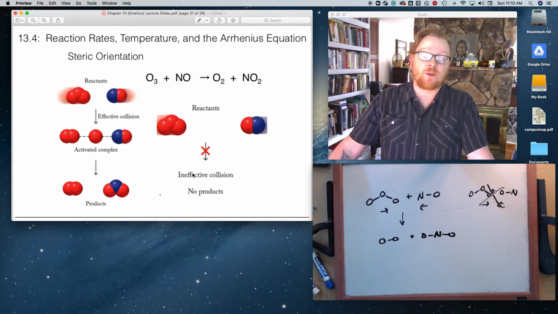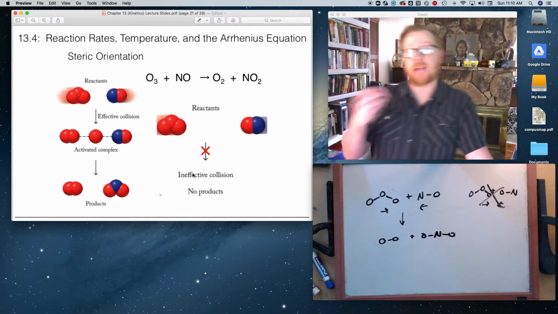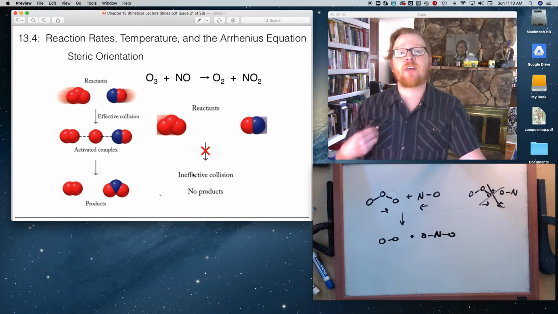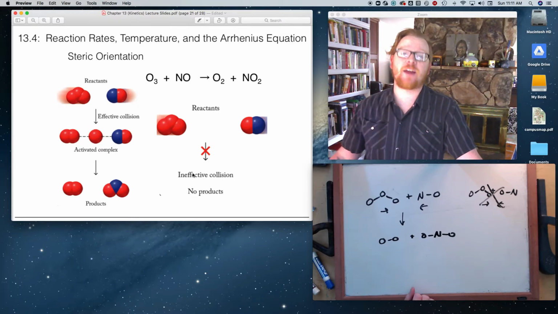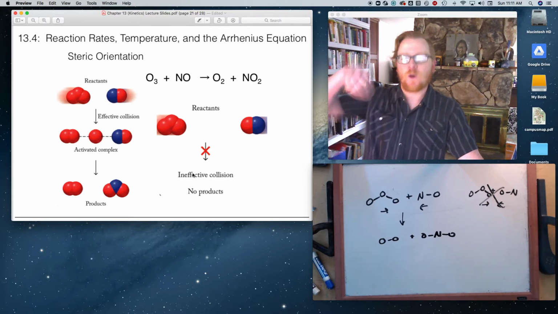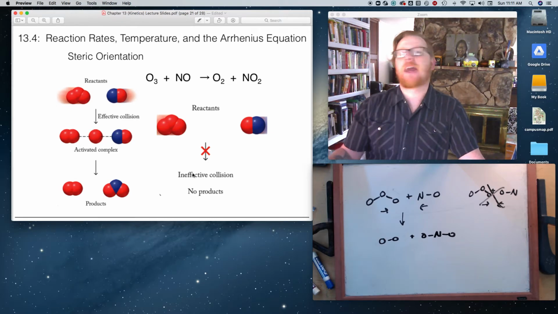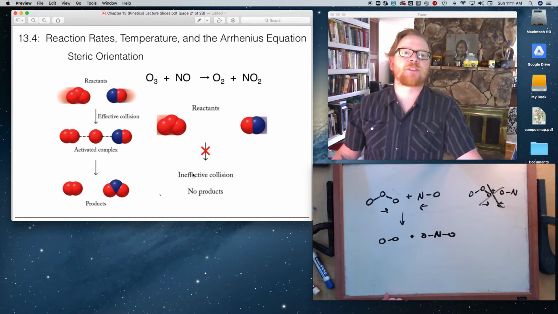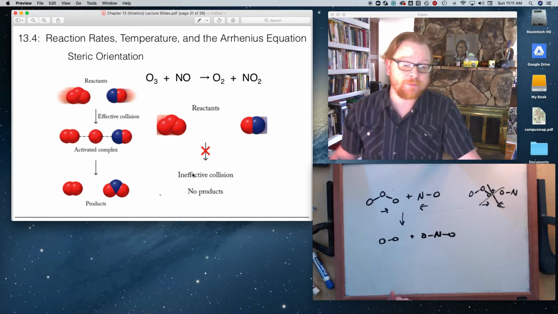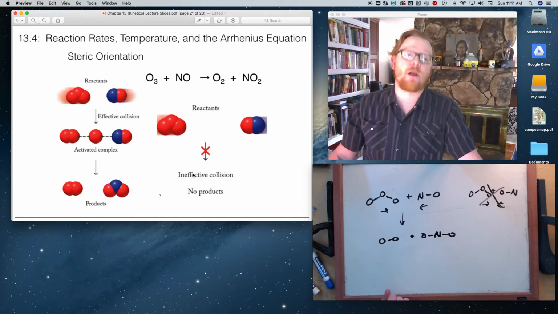With bigger molecules, with macromolecules, like proteins or amino acids, or in the case of pharmaceutical molecules, where you take some type of drug and it has to land in a very, very specific pocket, that actually can be very slow, because the molecule has to really work its way and find its way into a very specific orientation. So oftentimes with small molecules, steric orientation isn't as important. However, with large molecules, steric orientation is very important. Okay.